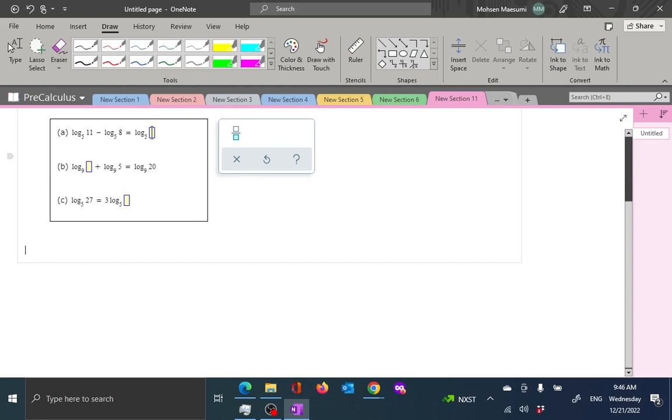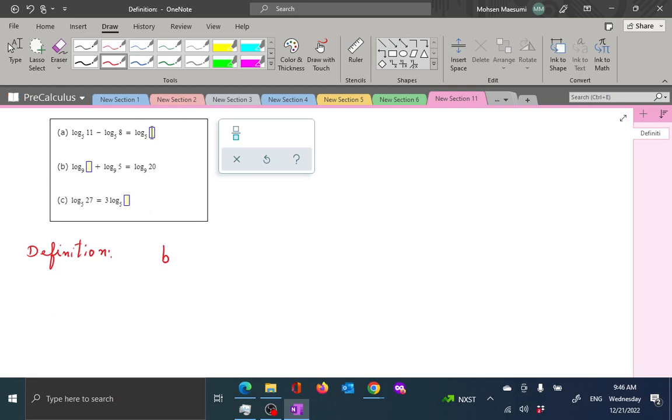So we have our main definition, which is: if you have an exponential expression b raised to the power of a is equal to some number c, then you can write this as the logarithm of c in base b is equal to a.